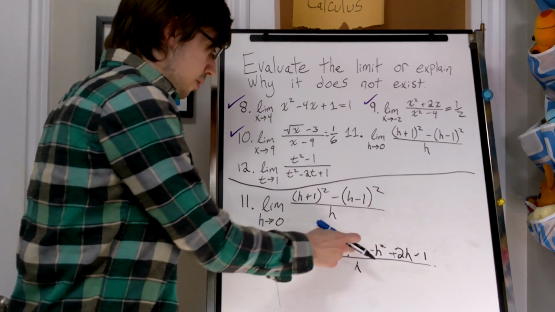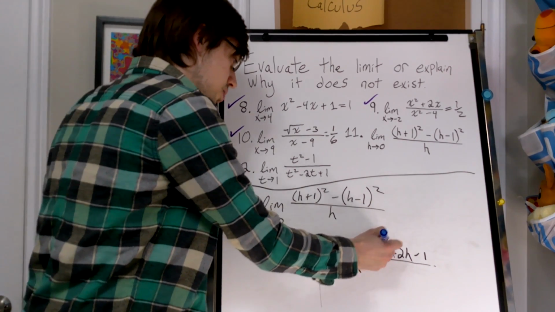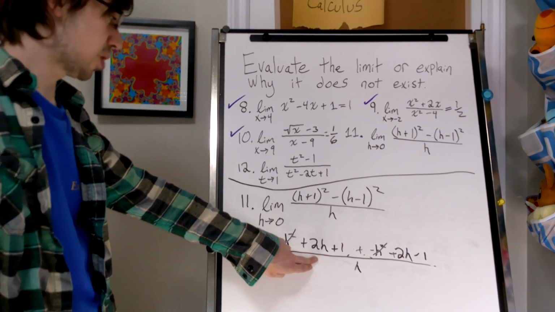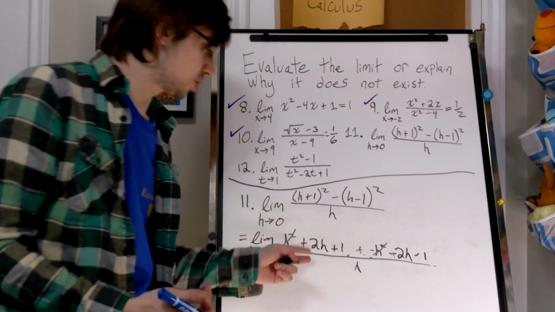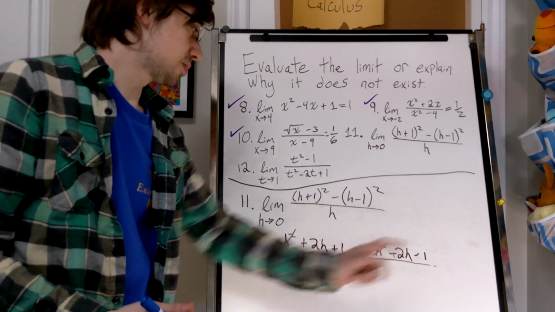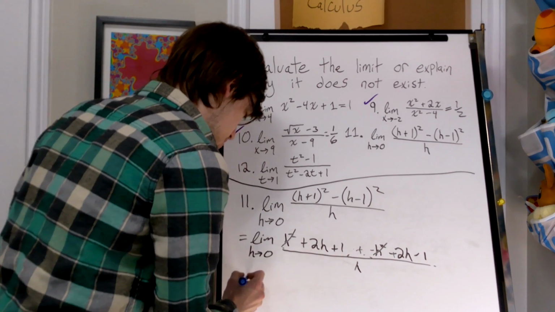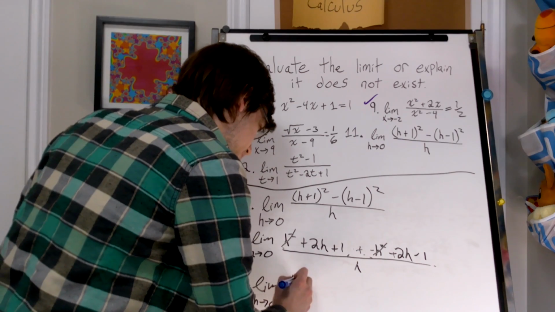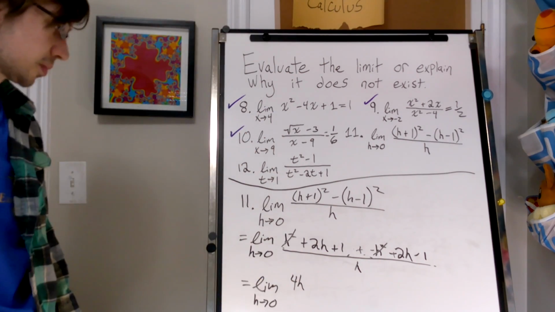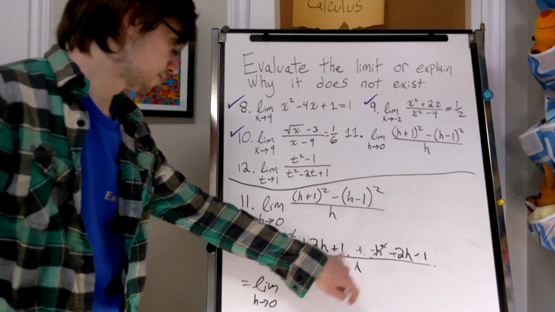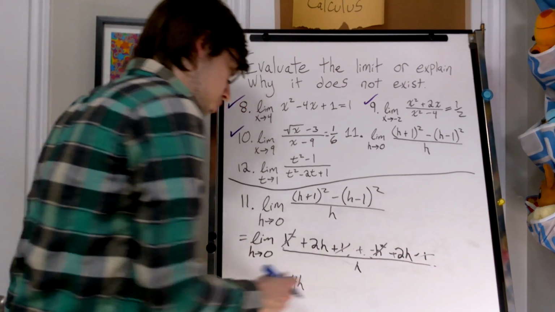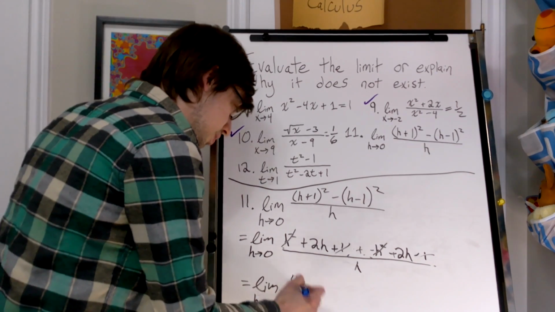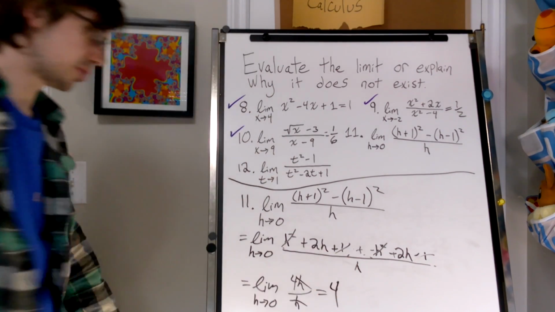Positive h squared plus negative h squared cancel. Positive 2h plus positive 2h is 4h. So let's write the limit as h approaches 0 of 4h. Positive 1 minus 1, those cancel. So we have 4h on top, h on the bottom, the h's cancel, and we approach 4.